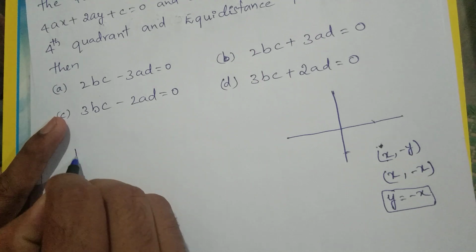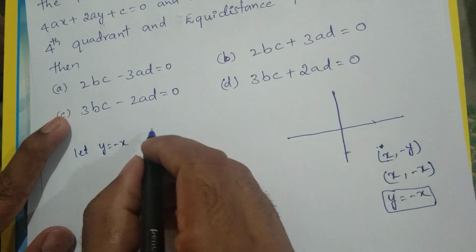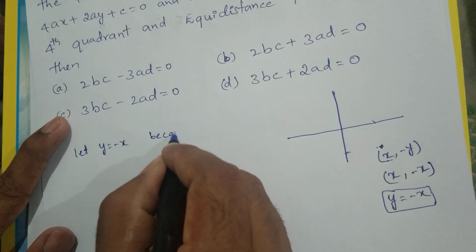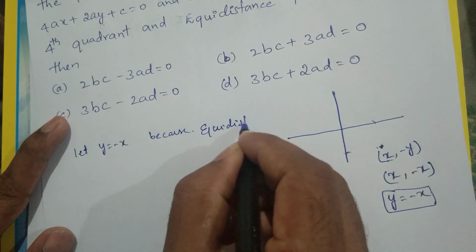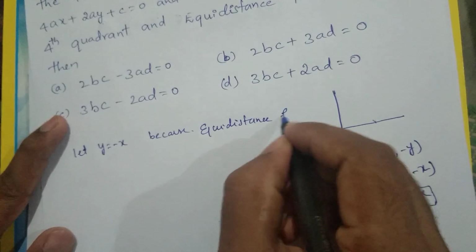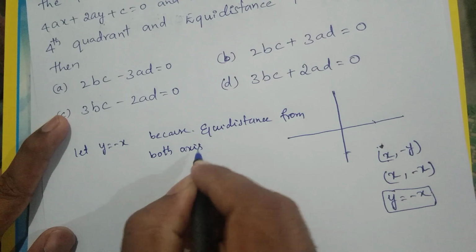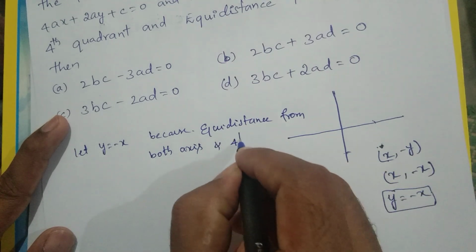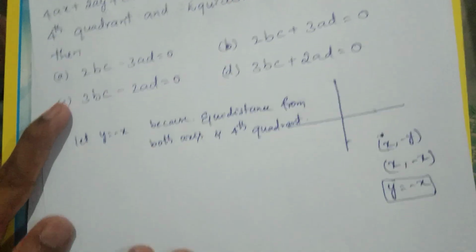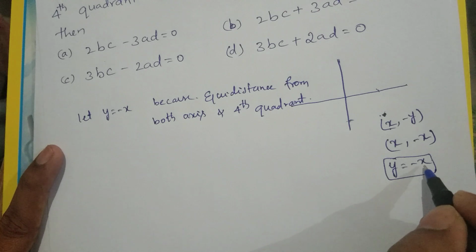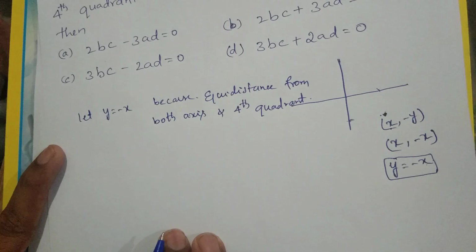Here, y is equal to minus x I take because it is equidistant from both axes, and it is in the fourth quadrant. That's why I took y is equal to minus x. That point we can write as x comma minus x.